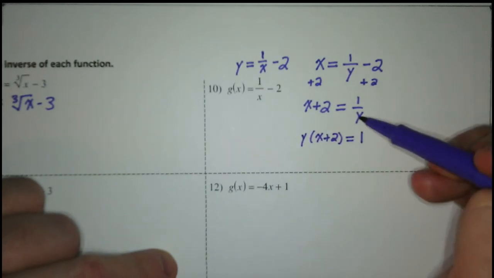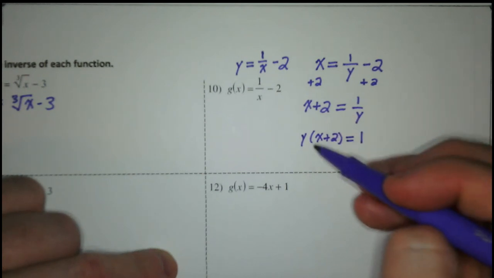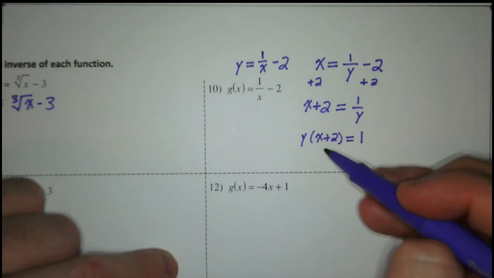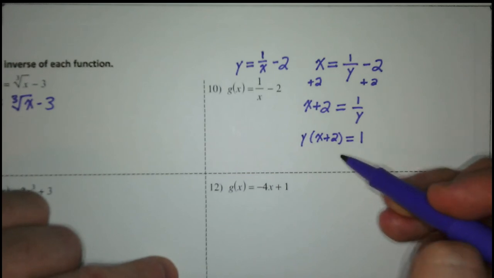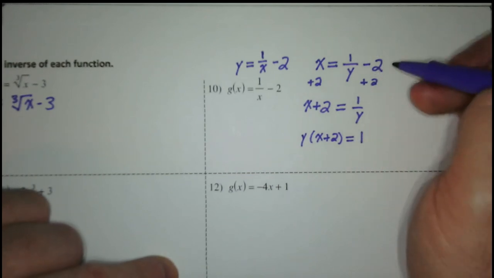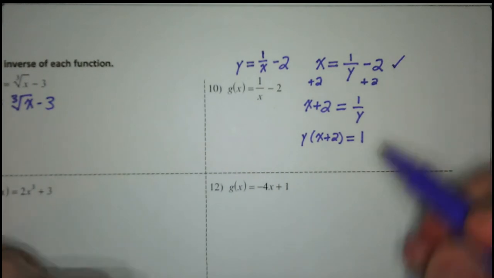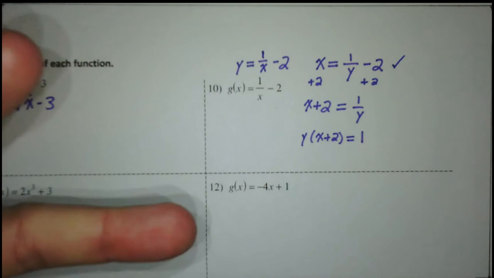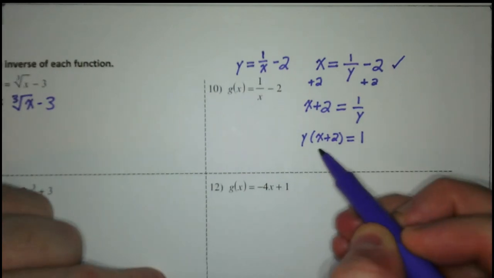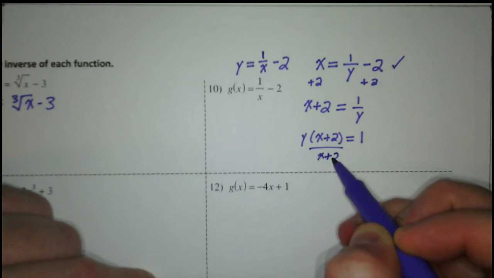So I multiplied y up to the other side. And now you would divide both sides by this quantity bubble of x plus 2. Because again, after you switched x and y, we were on a mission to resolve it for y. And once I divide both sides by this bubble, I will have accomplished that.